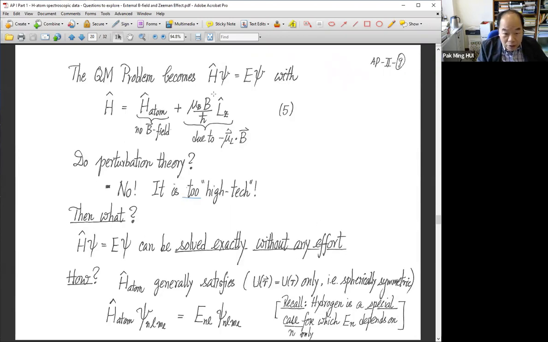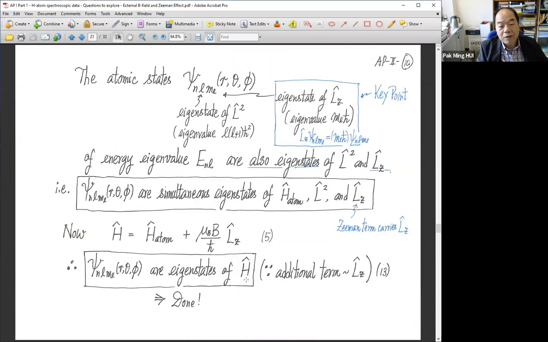We have the extra term, and then the atomic wave function has this quantum number ML in it. Now, we just realized that this same set of atomic eigenstates are also eigenstates of this extra term.